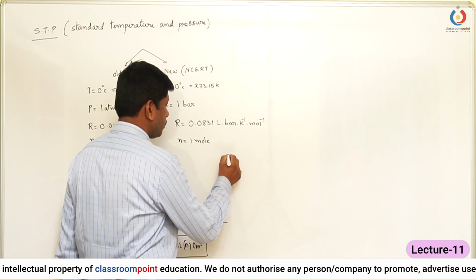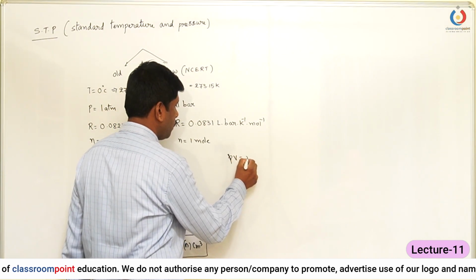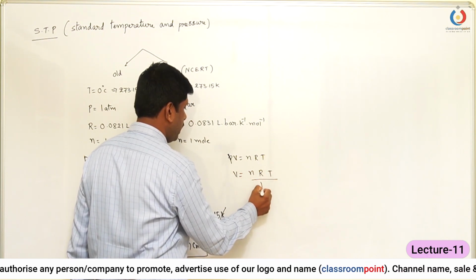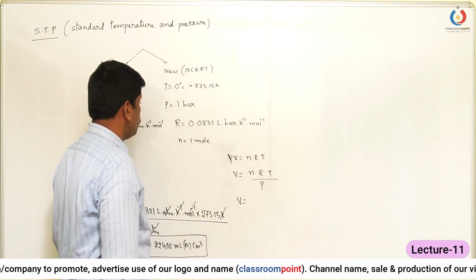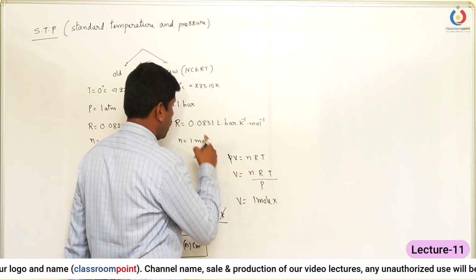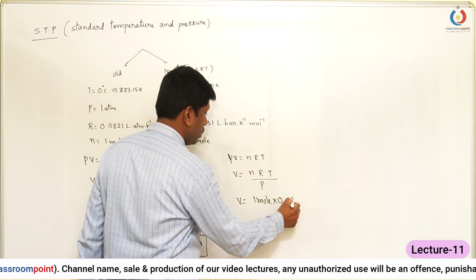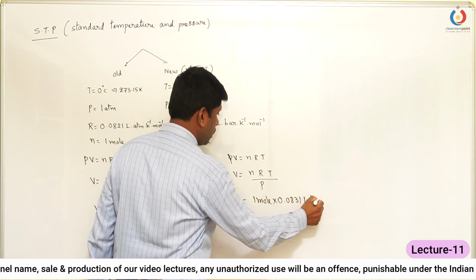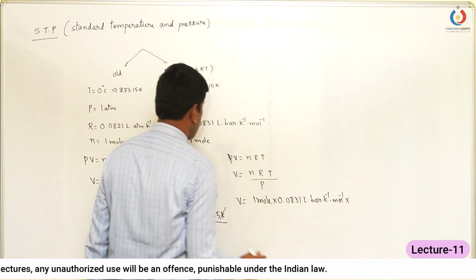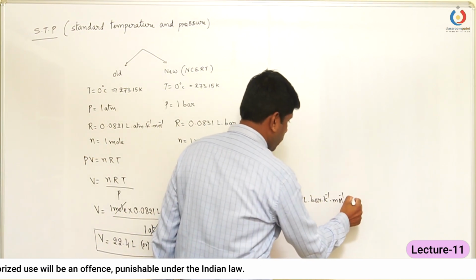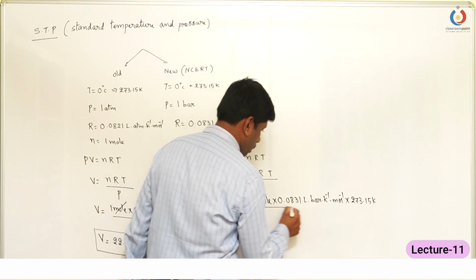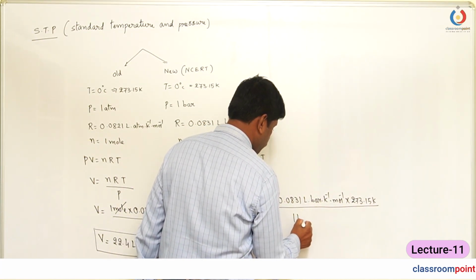Now, new conventions. Let us calculate the volume of 1 mole of the gas according to the new convention. Here also again, PV equals nRT, volume equals nRT by P. So volume equals n value 1 mole, R value 0.0831 liter bar per Kelvin per mole, into temperature 273.15 kelvins upon 1 bar pressure.